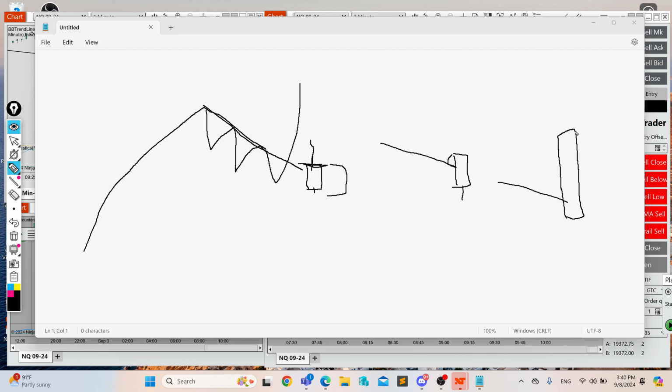In most cases it's going to retrace further and then go up. So we could specify this area, and the bar itself.